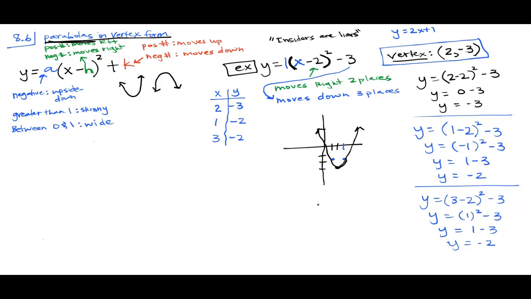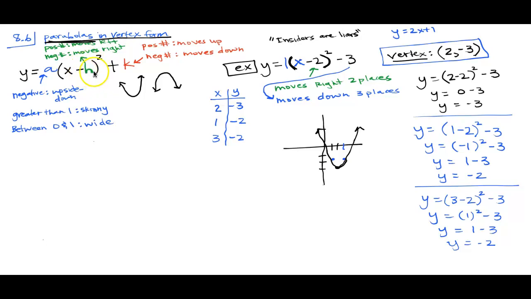For the parabola in vertex form, it's always going to be that form. If I have more numbers inside the parentheses, is that going to happen? There's not going to be anything else inside the parentheses besides whatever h is.